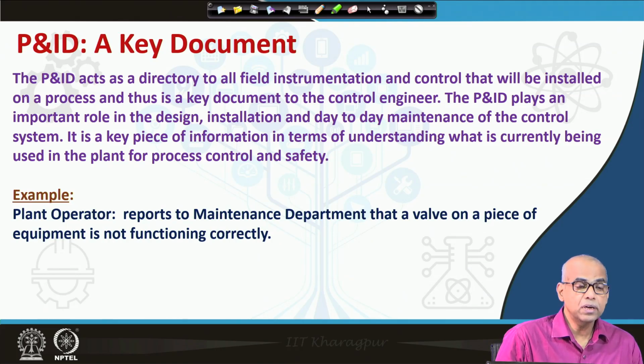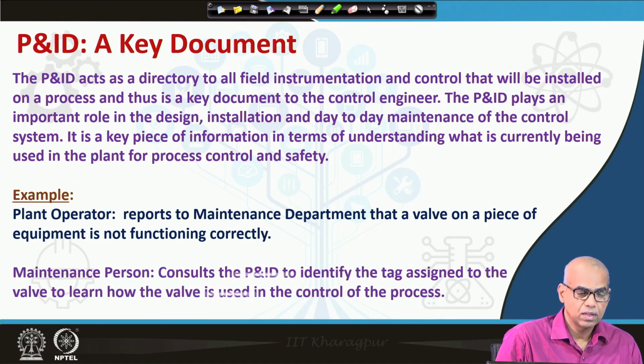Now, the piping and instrumentation diagram is a directory to all field instrumentation and control that are placed in the process system. So, the maintenance person will consult the piping and instrumentation diagram to identify the valve, and then he or she can learn how the valve is used in the control of the process and accordingly take necessary action.